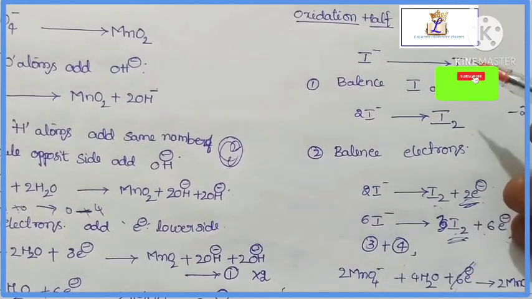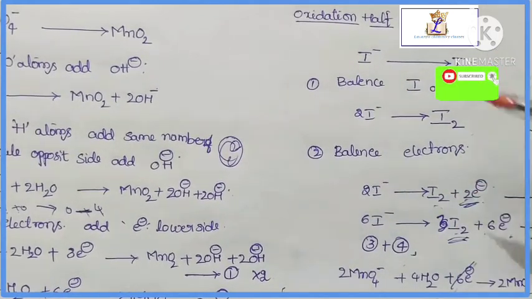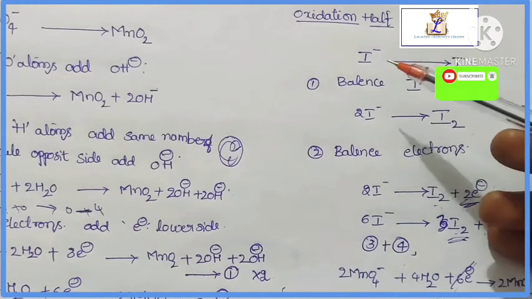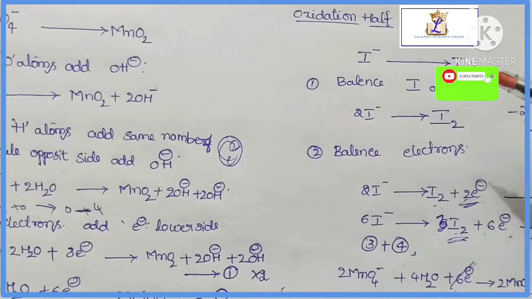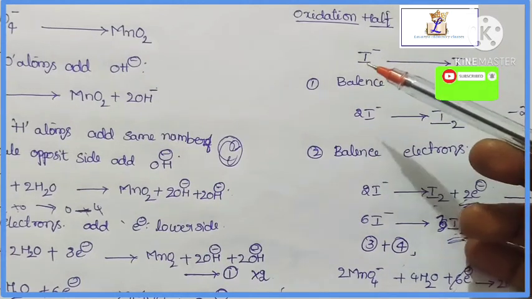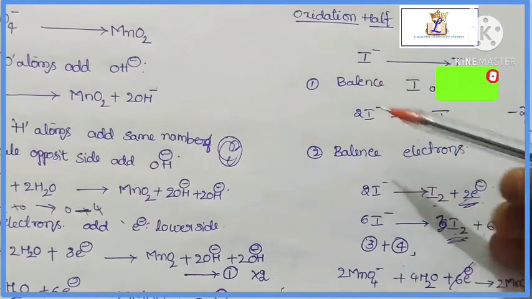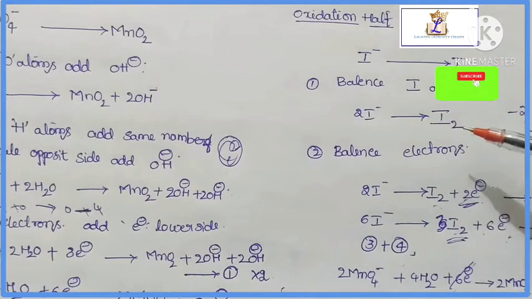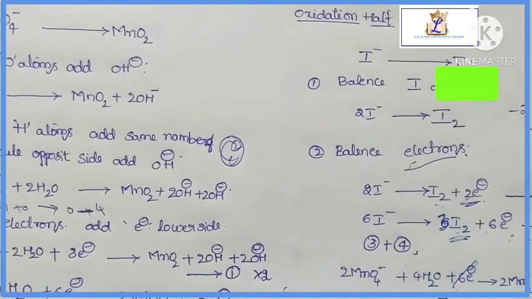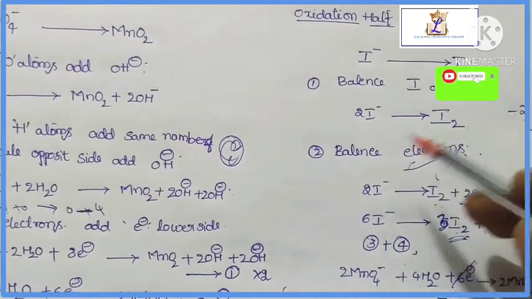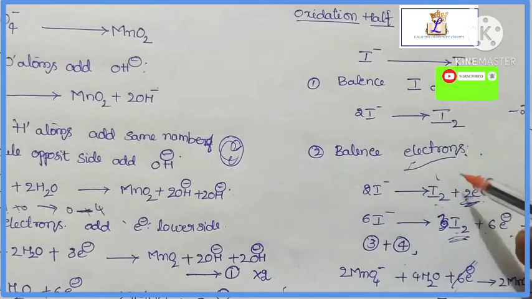Loss of electrons is called oxidation. On this side, first we balance the iodine atoms. So we write 2 I minus gives I2, and then to balance charges we add electrons: 2 I minus gives I2 plus 2 electrons.